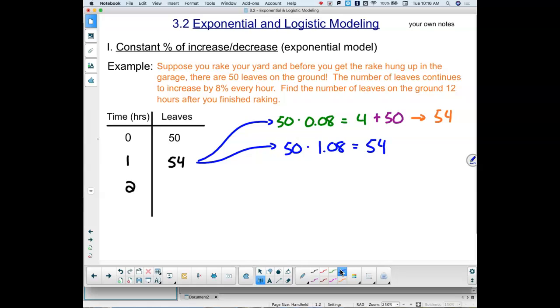What'd you get? 0.32? Because you took 54 times 1.08, right? Okay, but 54 was 50 times 1.08, right?